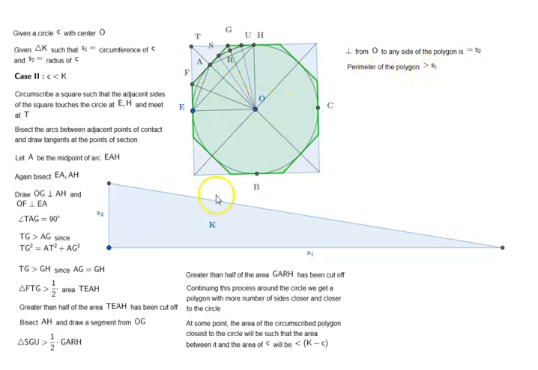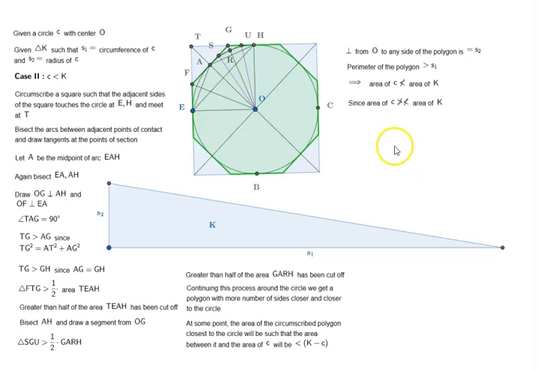The perimeter of the polygon is greater than S1 because it is a circumscribed polygon. However close you take it to the circle by increasing the number of sides, the perimeter will always be greater than the circumference, which implies that the area of C is not less than the area of K.